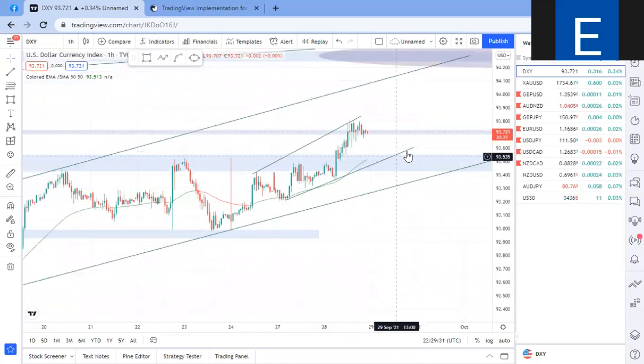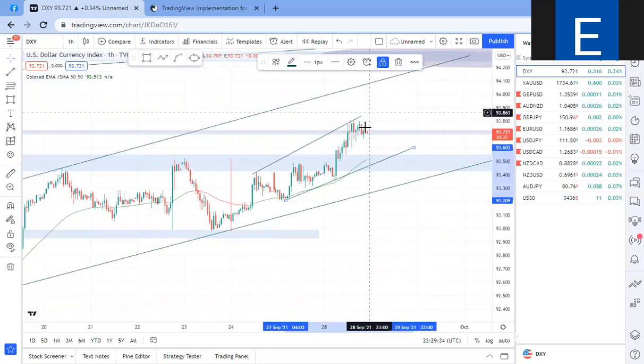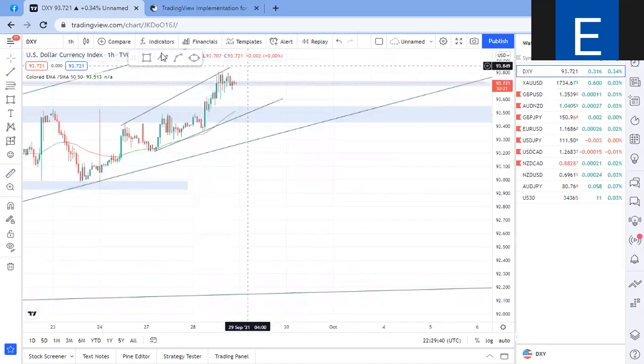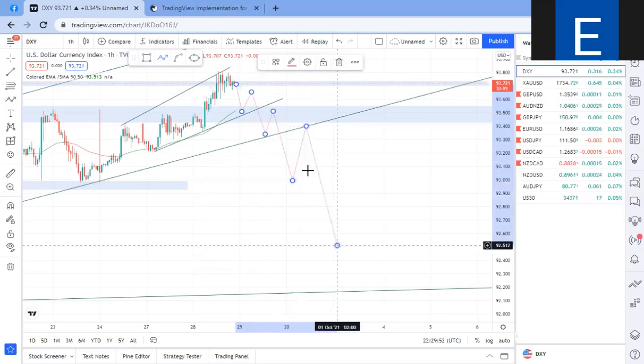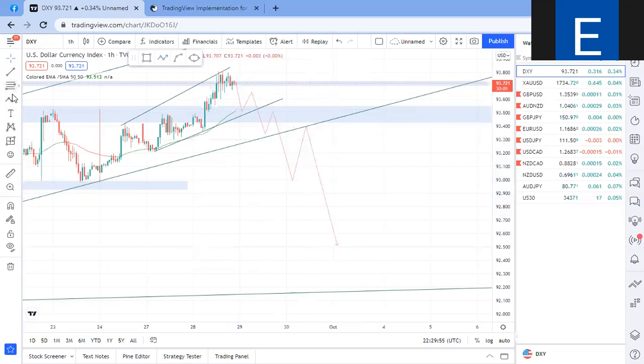For me, as a conservative trader, I wait for price to break below all these lows, retest, and come back to retest this area before I consider getting in on a sell.